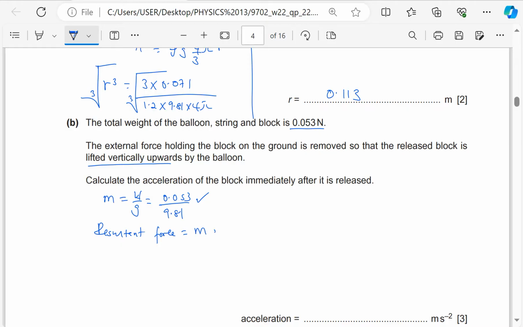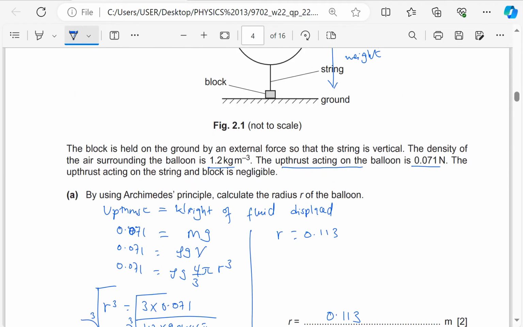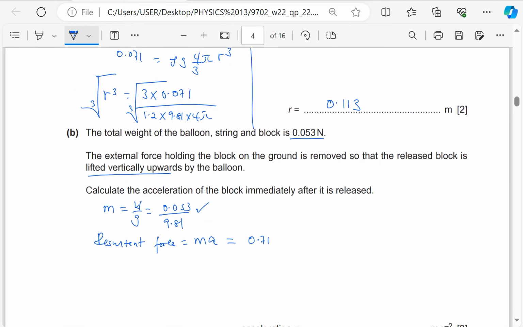remember it is given by mass times acceleration, is going to be 0.071. Sorry, it is upwards because it's upthrust.